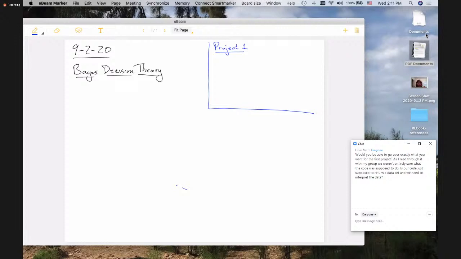So the question that is asked is focusing on not being entirely sure what the code is supposed to do, and asked specifically, is the code supposed to return a data set and you need to interpret the data? And the quick answer to that question is no. So ultimately, what Project One is asking you to do is implement naive Bayes.